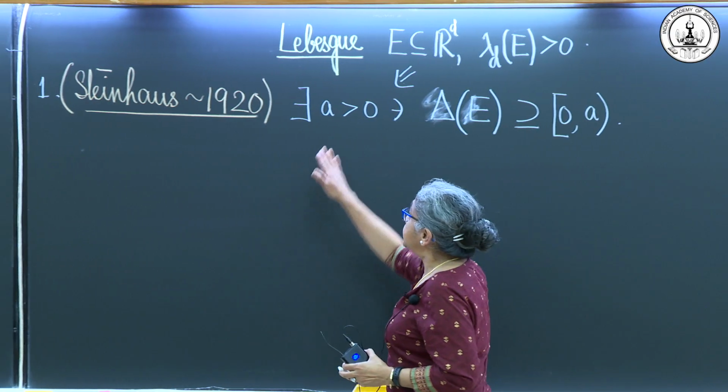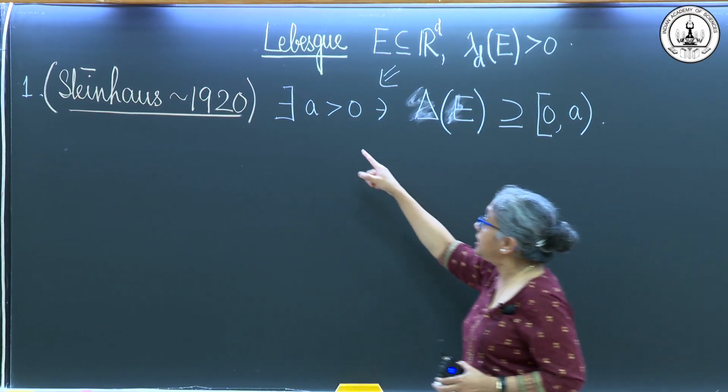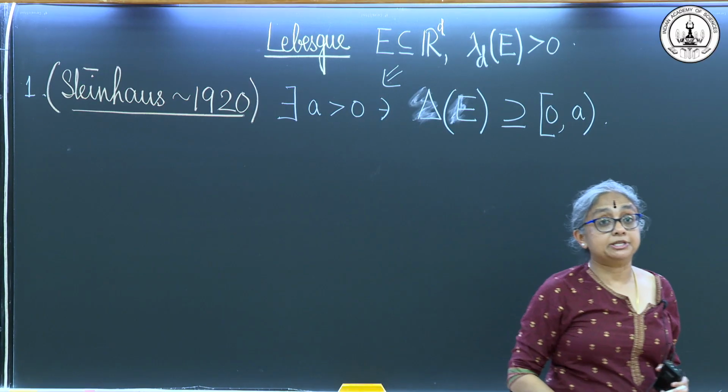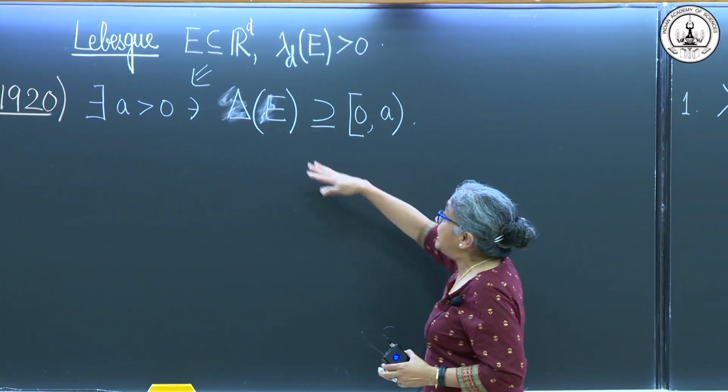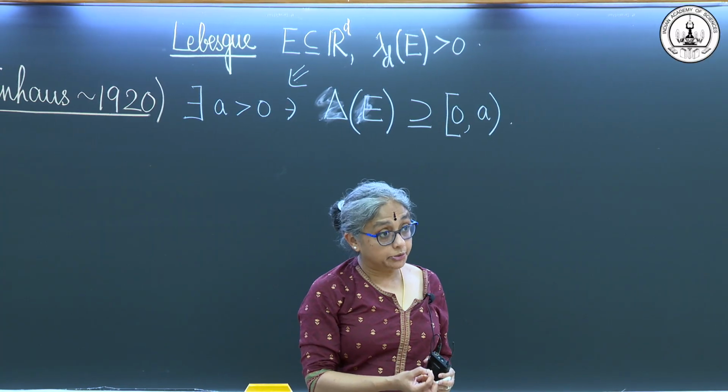What does that mean? That means that these are statements which hold for every different a, but we kind of want some uniformity in the parameters so that the many different sets E will somehow conform to the same value of a.